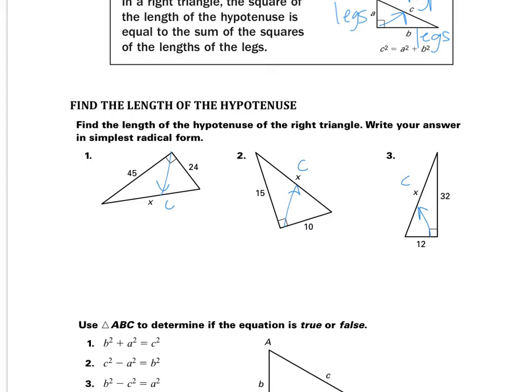So it's the square of the two sides equals the square of the hypotenuse. And then to find the number, you must take the square root.